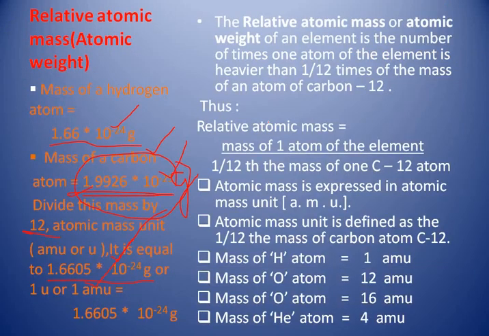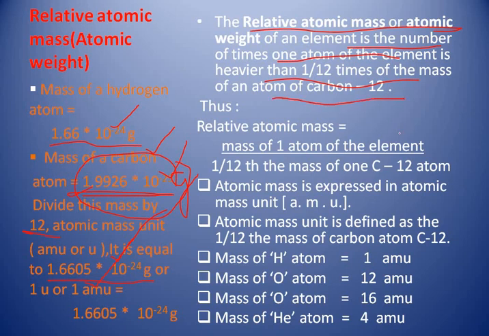There is a definition for the relative atomic mass or atomic weight: the relative atomic mass or weight of an element is the number of times one atom of the element is heavier than 1/12th part of the mass of an atom of carbon C12.